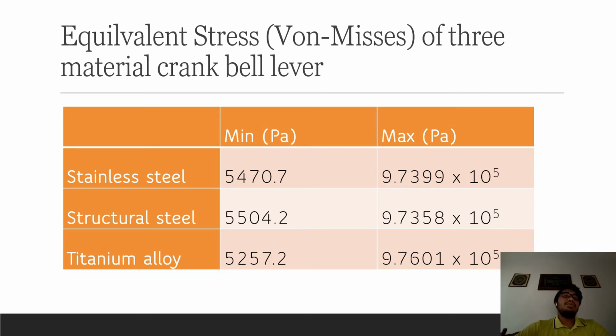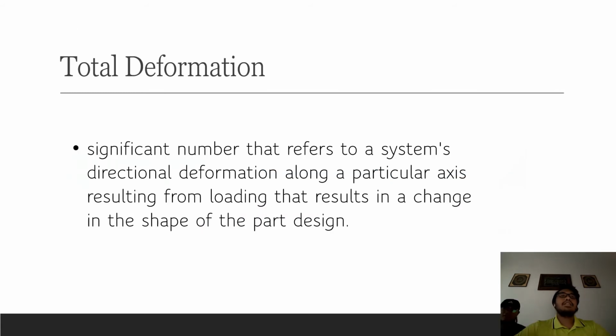The minimum value is from the titanium alloy, which has the smallest value, 5257.2, and the maximum value is also from the titanium alloy, which is 947,601 times 10 to the power of 5.